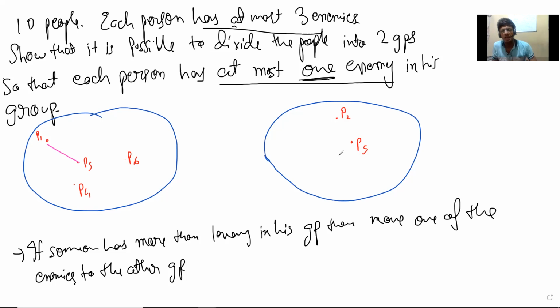Yes, it's at most 3. They can be enemies, or they may have enemies, like they may be having enemies here.